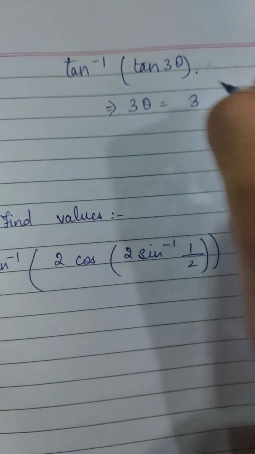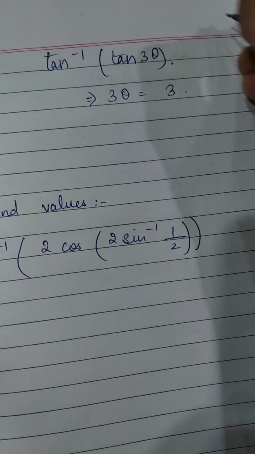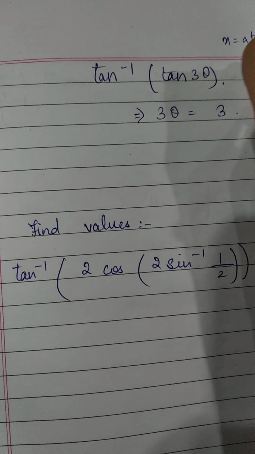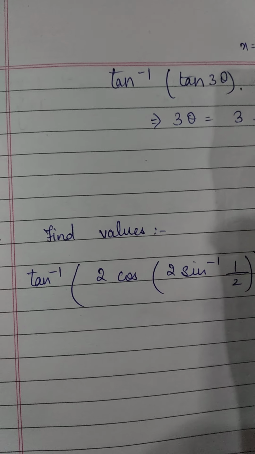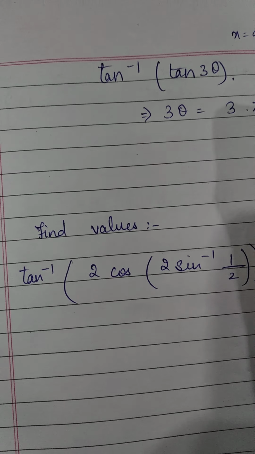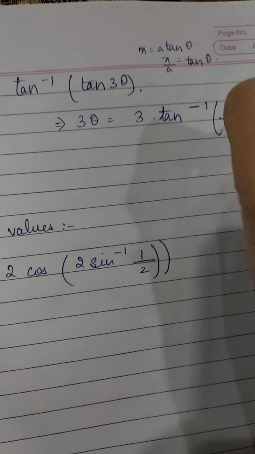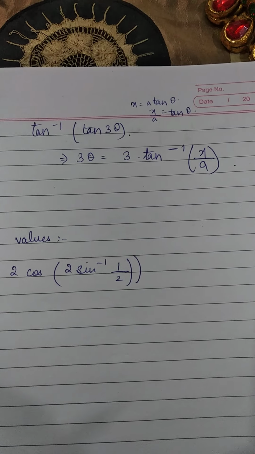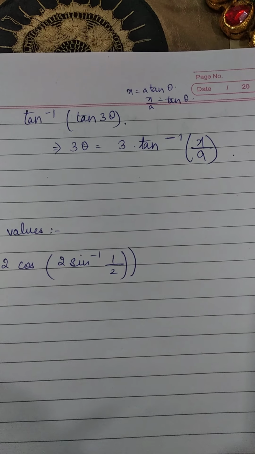And what is this equal to? Since we had taken x equal to a tan theta, remember x upon a is equal to tan theta, and theta is tan inverse x by a. So it's 3 tan inverse x upon a, which is our final value, simplest form. I hope it's clear, students.